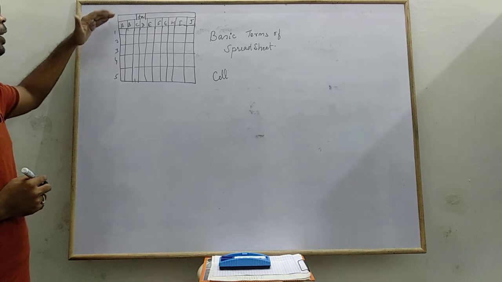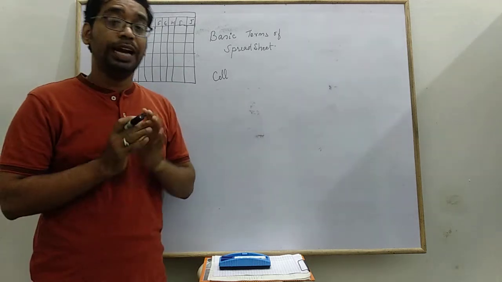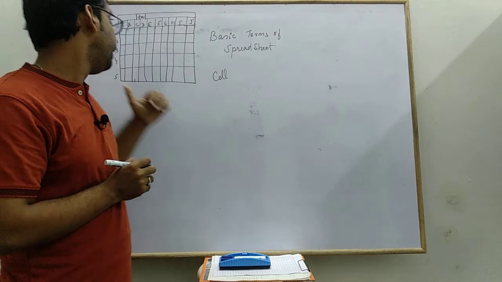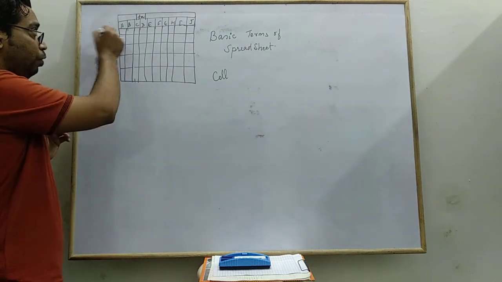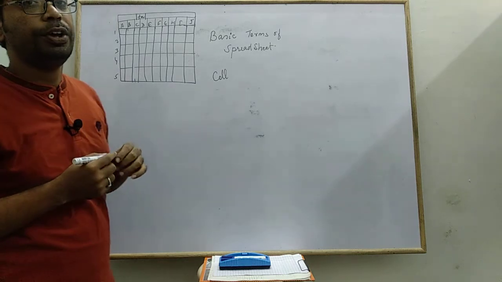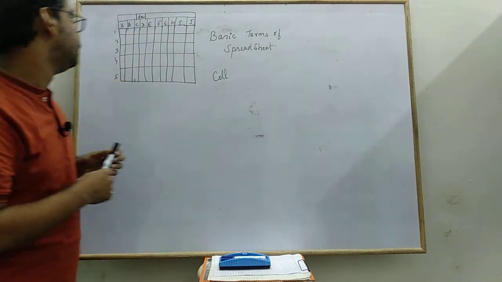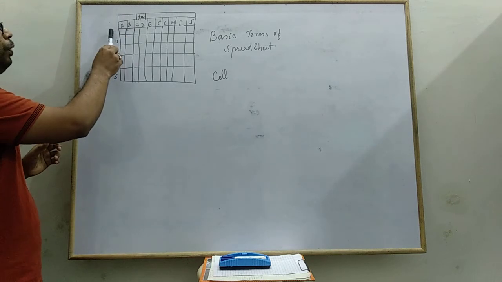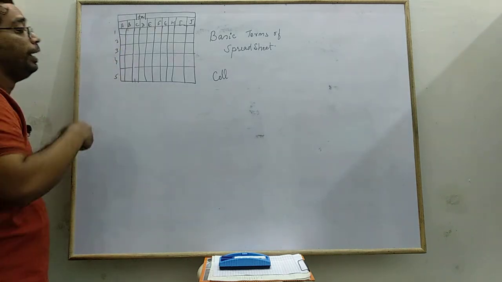Okay, what is a cell? Cell is the intersection of rows and columns. So when we combine a row and a column, we find one cell. Suppose the column is A and the row is 1, so combining these two we get one cell called A1.